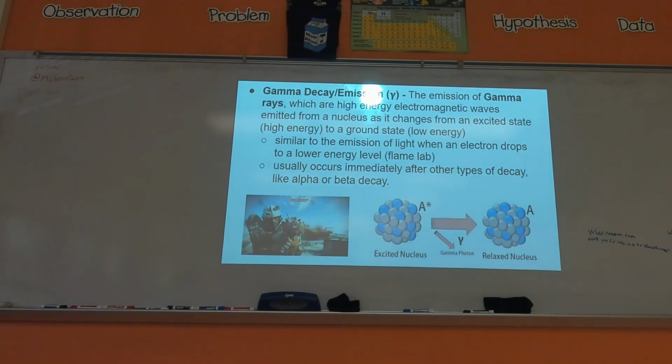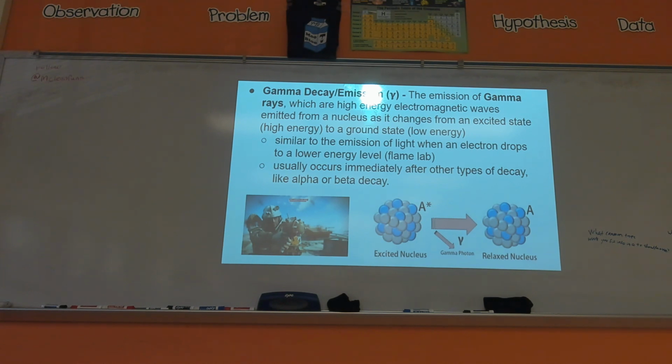All right, one more kind of radiation. So 3 kinds of high energy particles I know about. Third kind of nuclear decay is called gamma decay or gamma emission. Now, some of you have heard of it. So if you played, I think it's Fortnite, or various video games, there's a gamma ray gun.